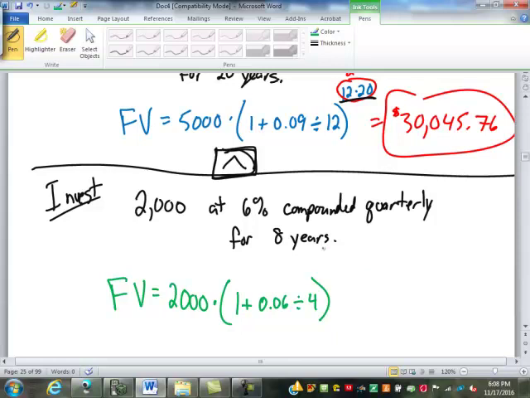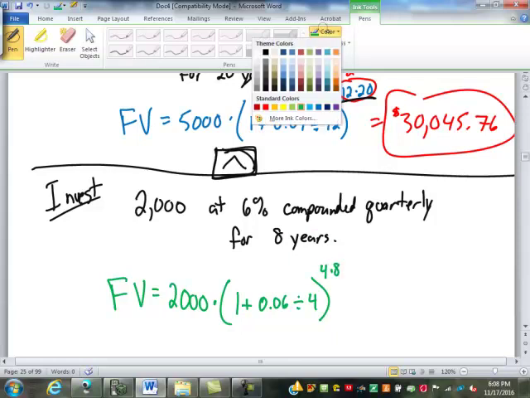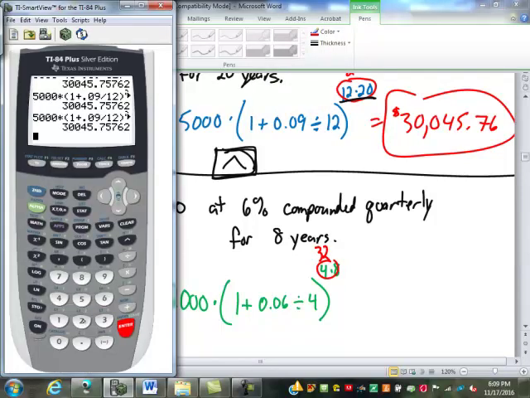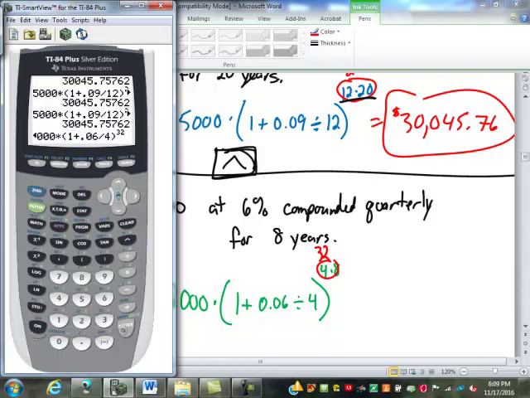To the power of 4 times 8. Now again, I usually take the 4 times 8 and just get 32 so I can enter it a little easier on my calculator. So 2,000 times, parentheses, 1 plus 0.06 divided by 4, close parentheses, power of 32. 3220.65.